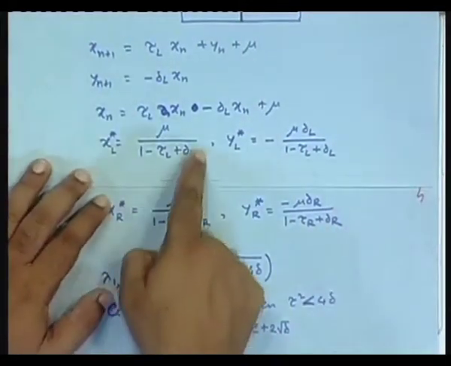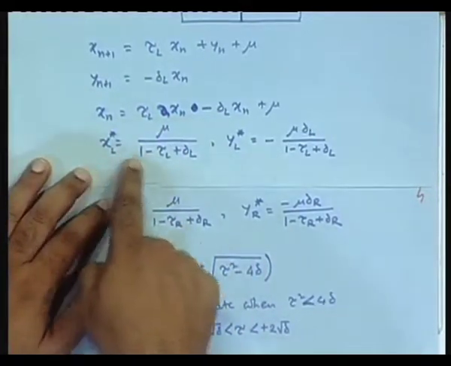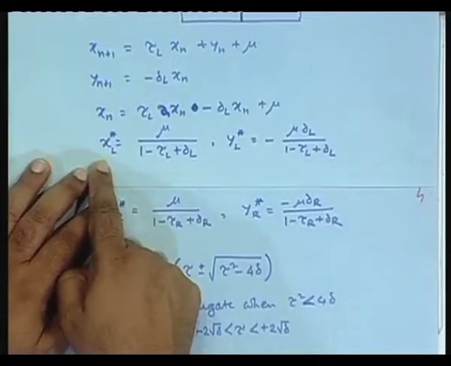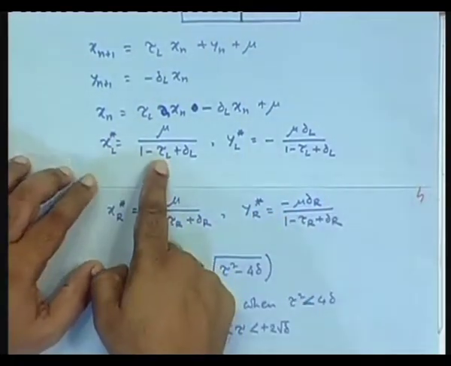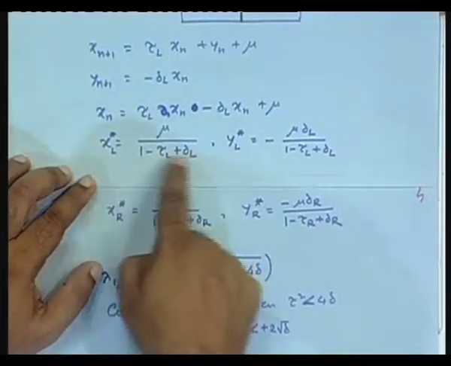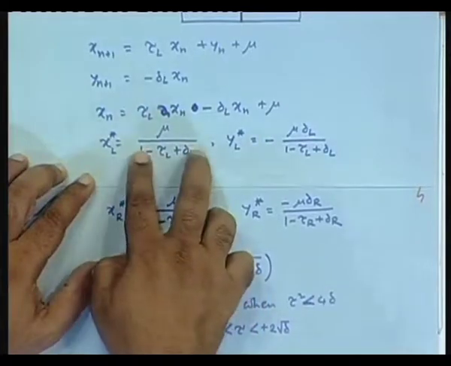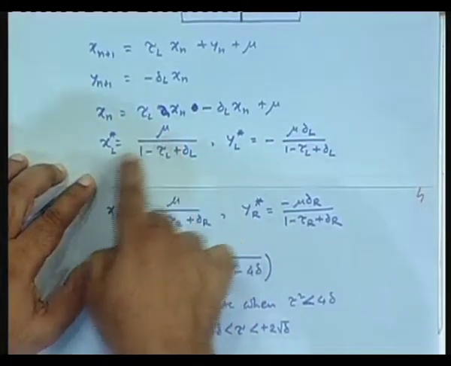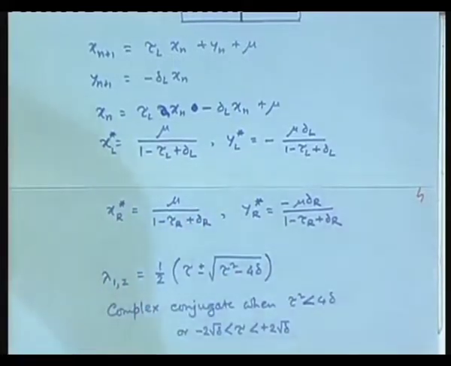If mu is negative, then this x L star, the fixed point's position, is also negative, depending on the denominator, but in general you can consider that this fellow is positive. So, mu negative means this fellow is also negative, mu positive means it becomes positive.